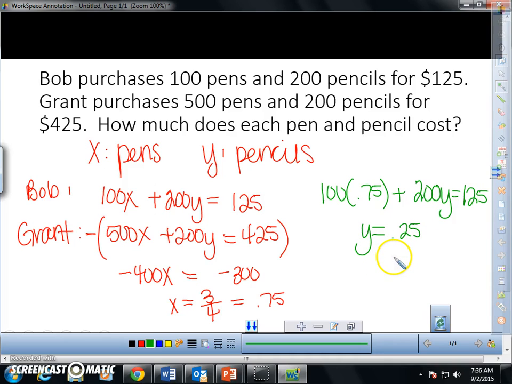So now that we have both of those answers, you want to set up just a final concluding statement saying that the cost of each pen is 75 cents and the cost for each pencil is 25 cents.